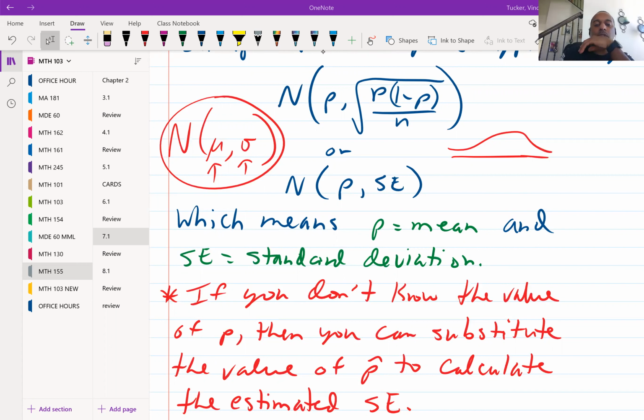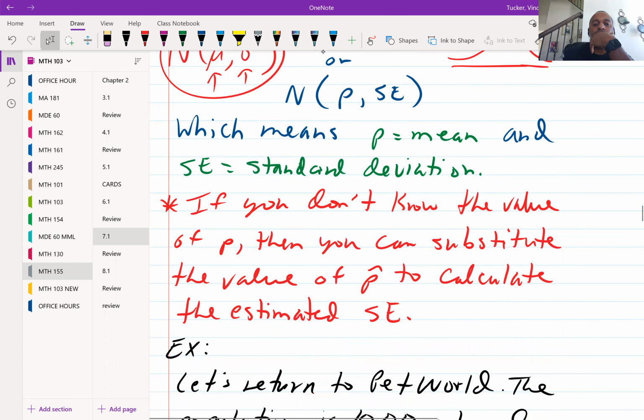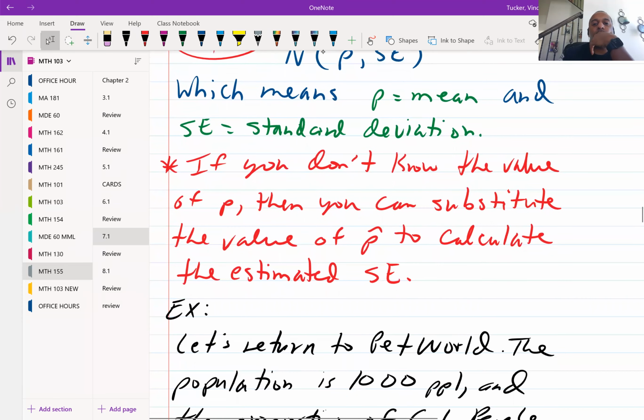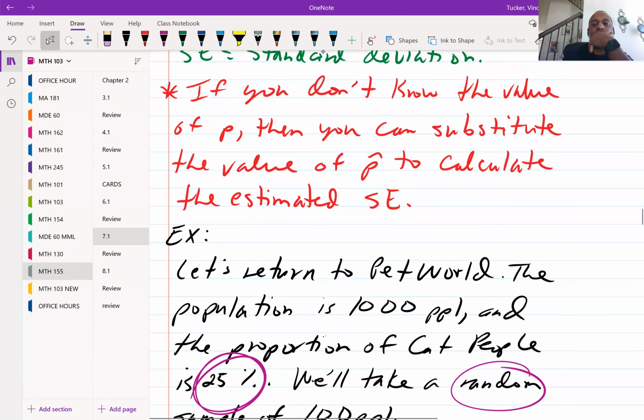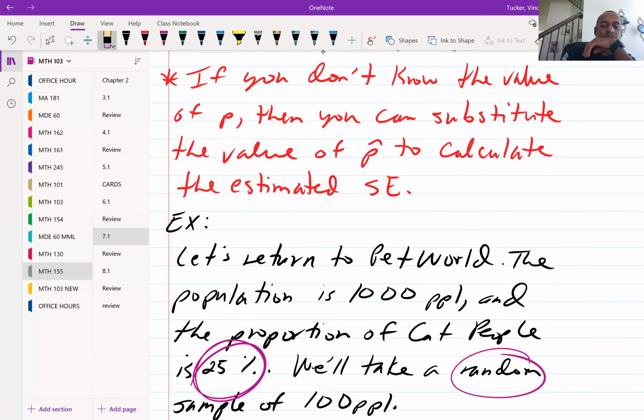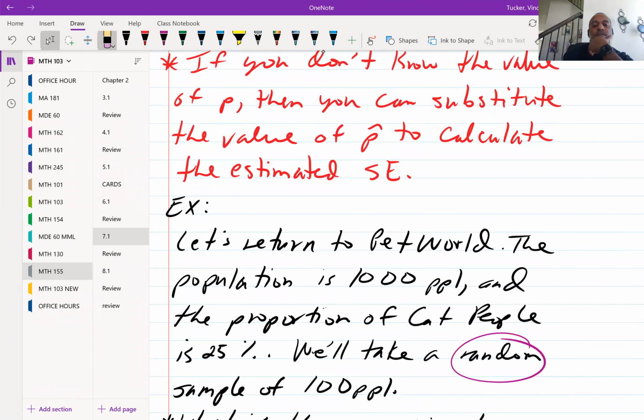All right, can I scroll up? Better done with the green. All right, so I'll give you a chance to write stuff down, but we're going back to pet world. Remember last class we talked about pet world. That was our example, and we had our cat people, people who love cats, hate dogs, and all the good stuff like that. So the population is 1,000 people, and the proportion of cat people is 25%.